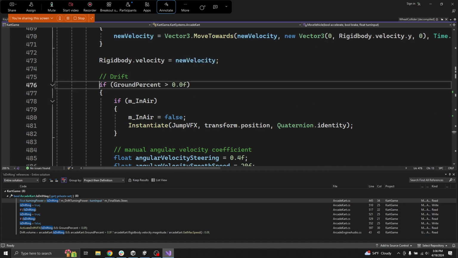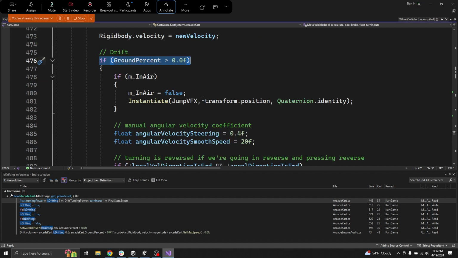So drift. If we have at least a tire on the ground, and if we're in air, then set that to false and then instantiate a jump VFX.